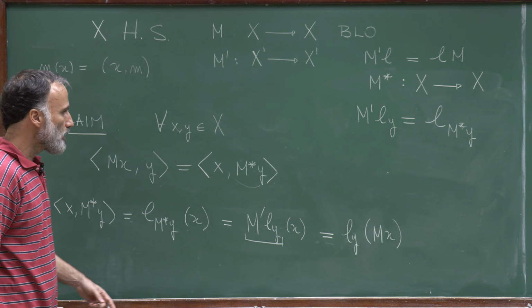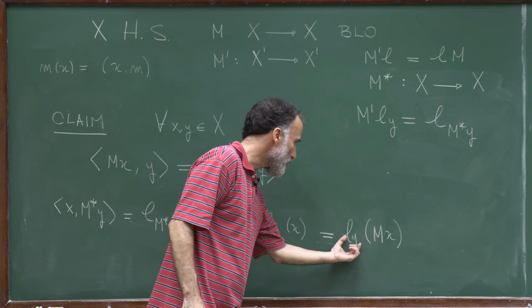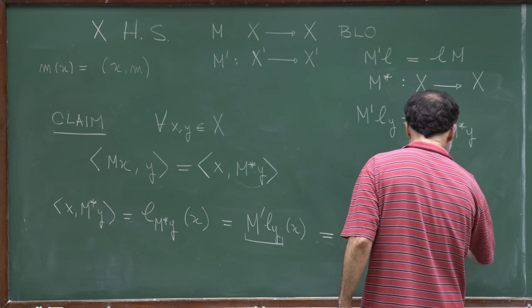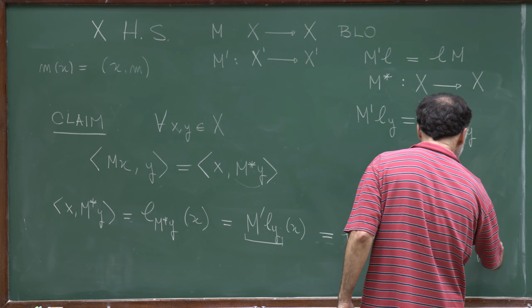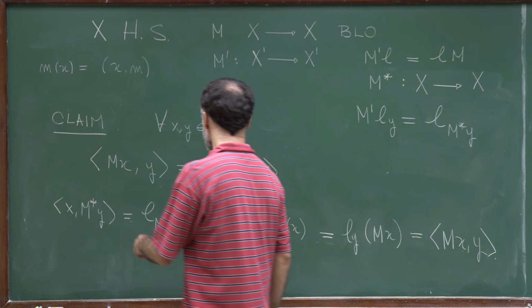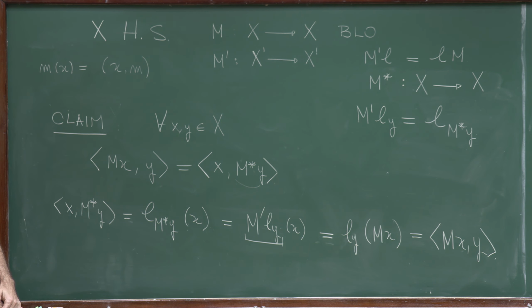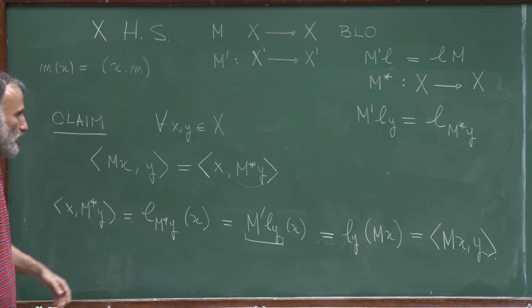And by, again, the definition of these bounded linear functionals in Hilbert spaces, this is the scalar product of Mx with y. So we have here the identity we just proved, the identity I wanted to prove.